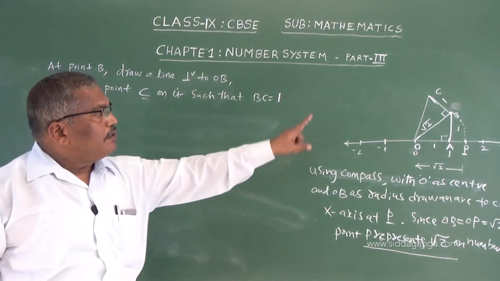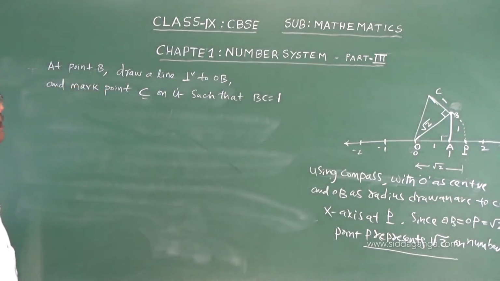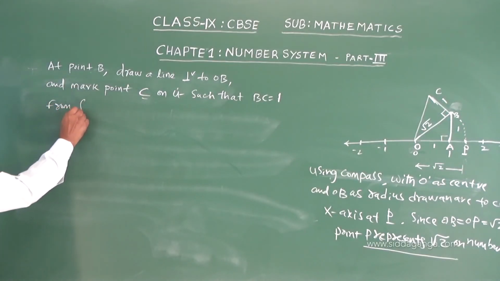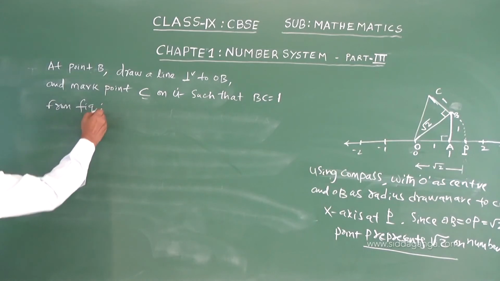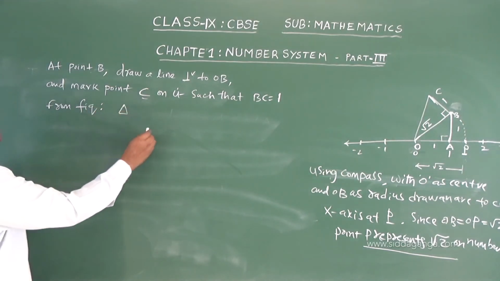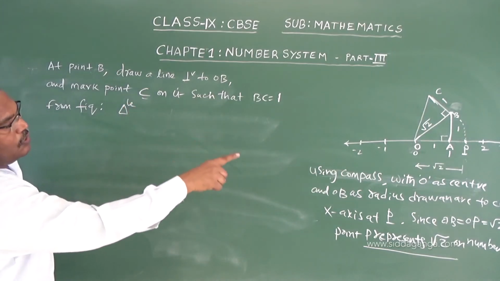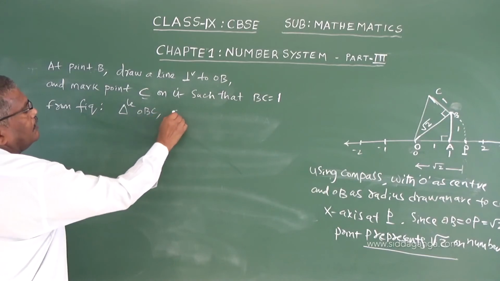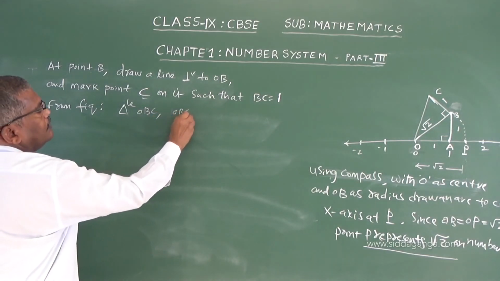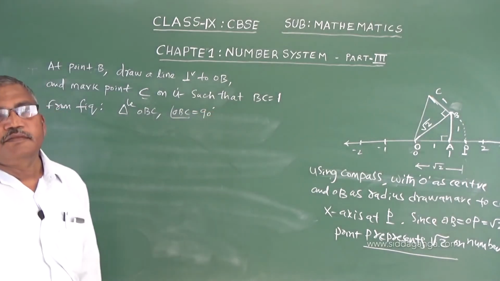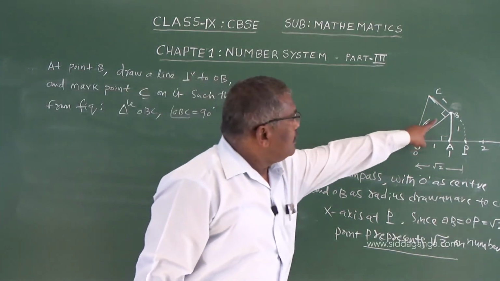Now again we use Pythagoras theorem here. From the figure, we have triangle OBC. In triangle OBC, angle OBC equals 90 degrees. We have this data.